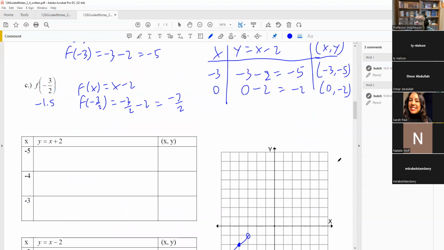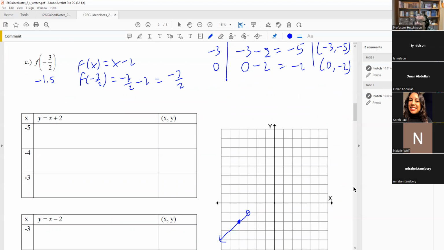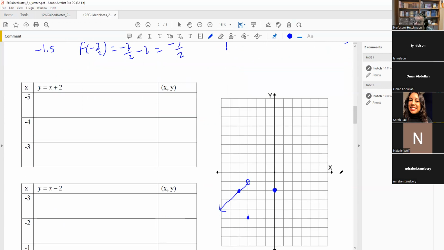So now I want to plot these 2 points here. I want to plot -3, -5, that'll be a closed circle. And I have 0, -2, which will be a closed circle as well. So, 0, -2, that's a closed circle right there. And I have -3, -5, which is going to be right there. Okay, -3, -5. And so for this one, the graph is going to look like this here.